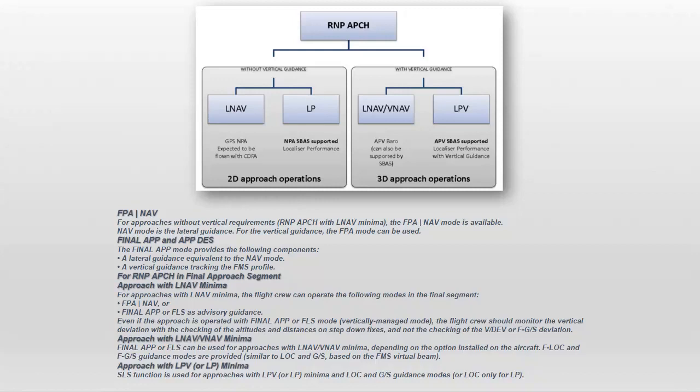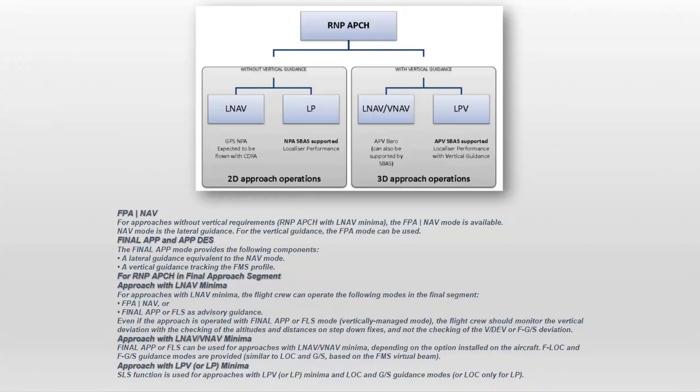Even if the approach is operated with final APP or FMS landing system mode, vertically managed mode, the flight crew should monitor the vertical deviation with the checking of the altitudes and distances on step-down fixes, and not the checking of the vertical deviation or FLS glide slope deviation. Approach with LNAV, VNAV minima. Final APP or FMS landing system can be used for approaches with LNAV, VNAV minima, depending on the option installed on the aircraft.